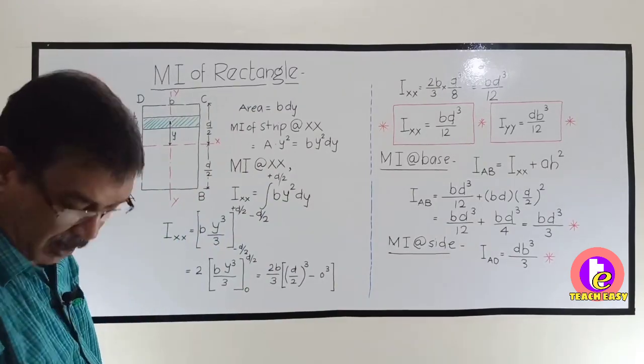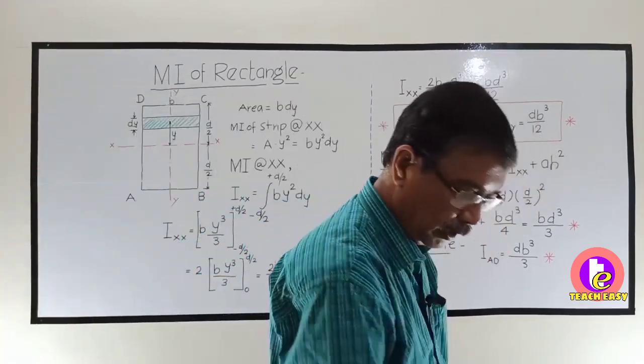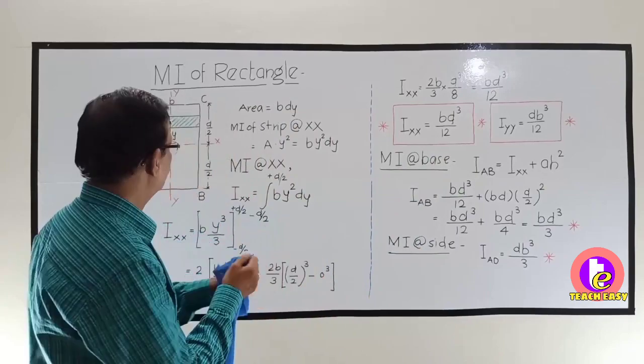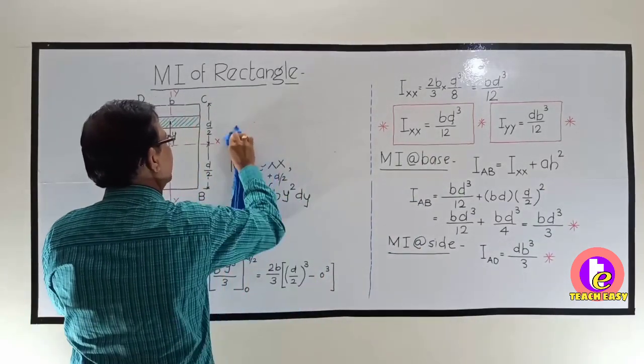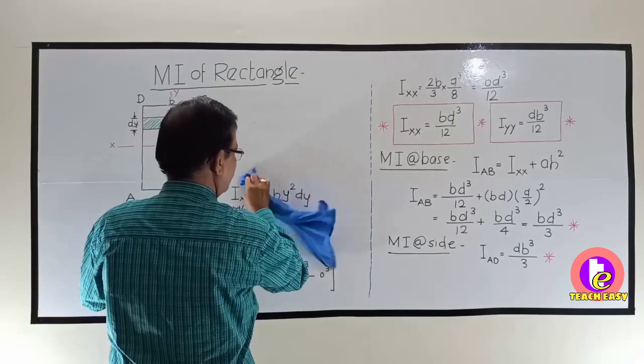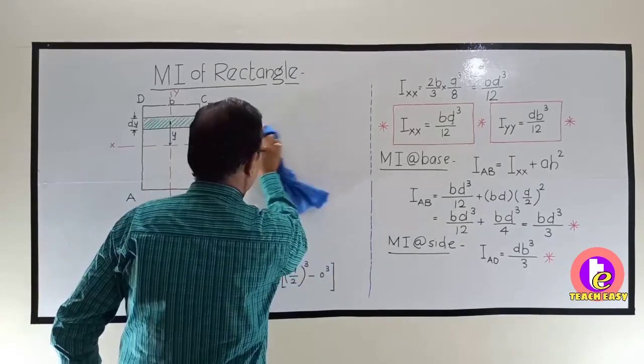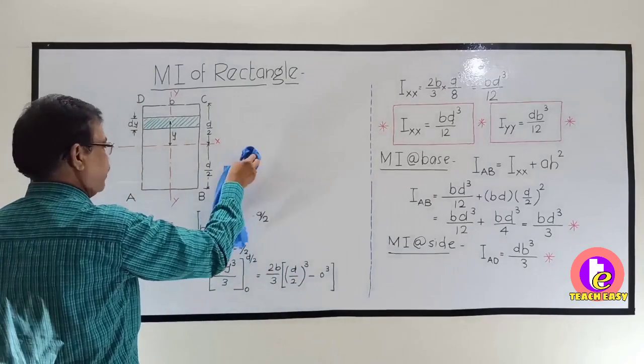Now mind well, square is the subcase of the rectangle. What is the only change? Instead of B and D, it will be same.